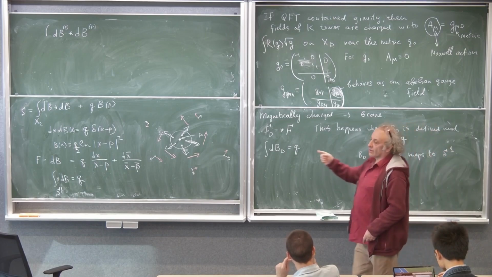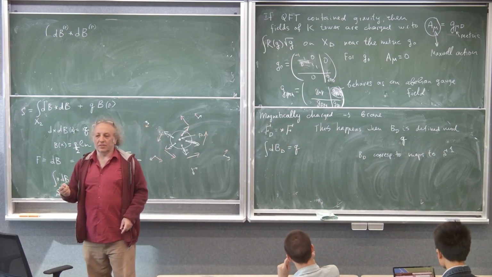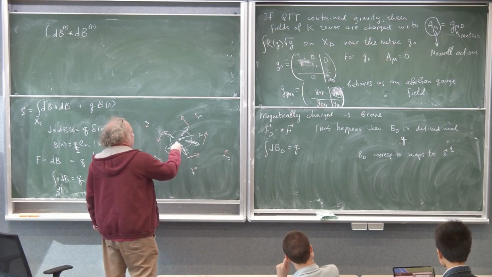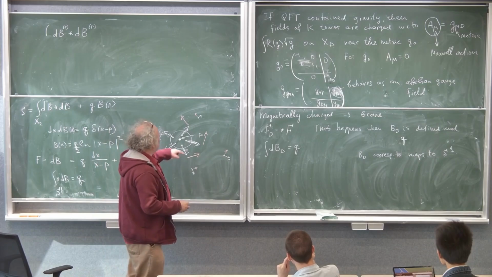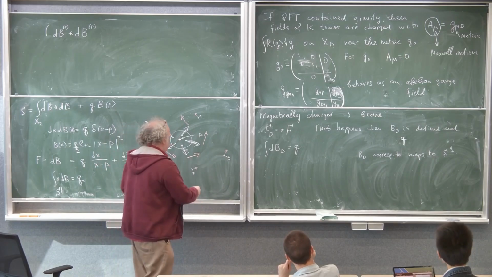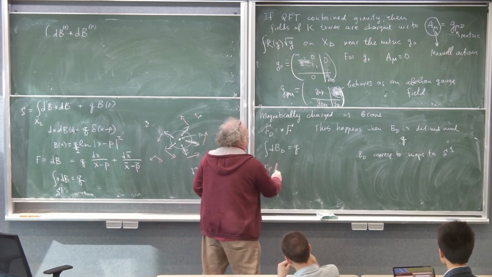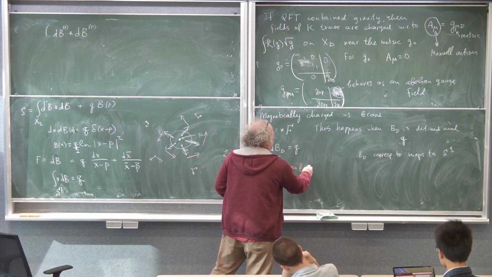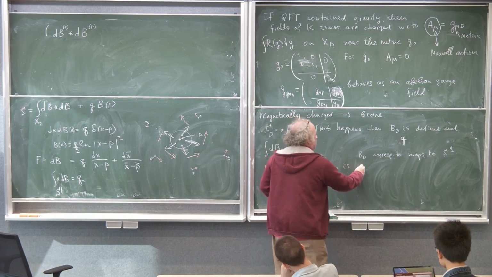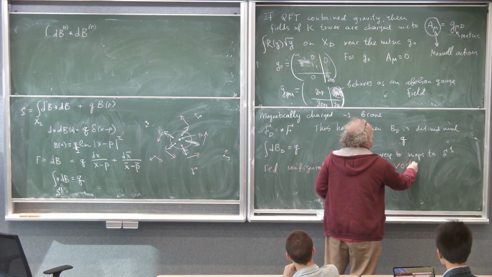So it's not just an ordinary scalar field, it's a scalar field that takes values in S1. Such a configuration is called a vortex configuration. It is called a vortex.